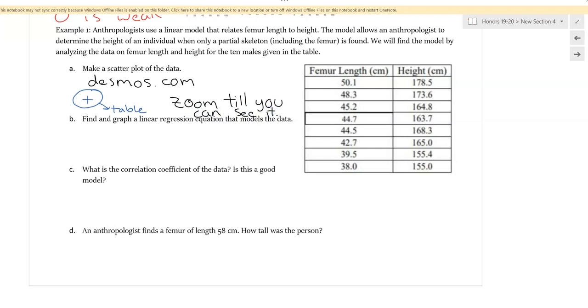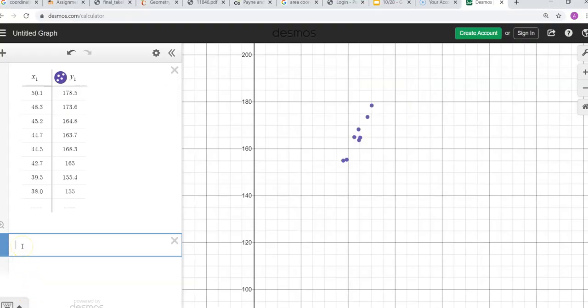Okay. So then we're going to find and graph a linear regression equation that models the data. In order to graph a linear regression equation, all you do is, on here, we're going to type in y sub 1. And when we're in class, we'll really focus on how to get that sub 1 up.